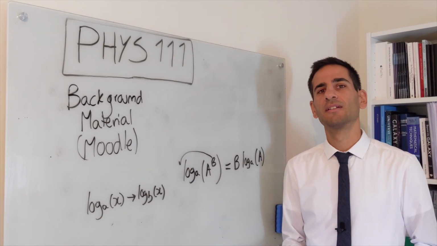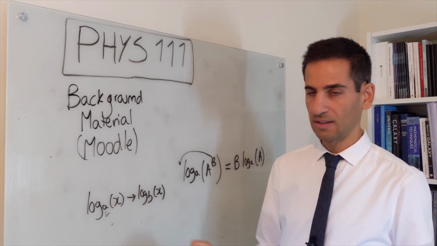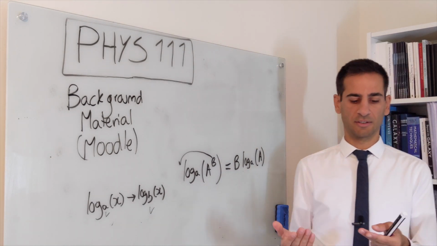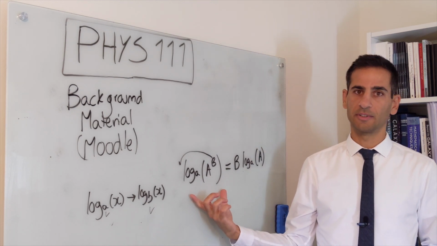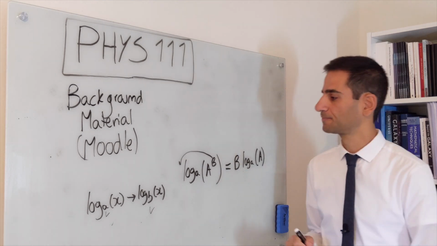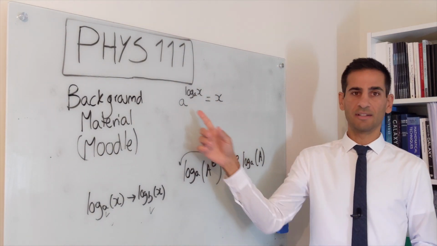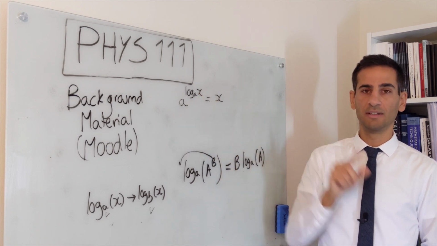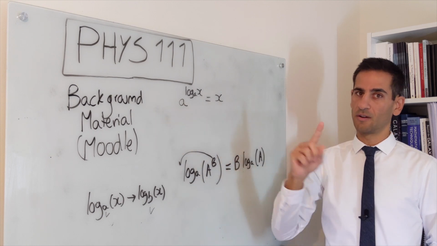With logarithms, sometimes you do want to change base from, say, base a to base b. For that, you can either know the formula, or if you know this property of logarithms, it's actually quite simple to find it. So let's try it. One thing you can start with is understanding that if you take a to the power of log base a of x, you get x. So let's take the logarithm of base b on both sides.